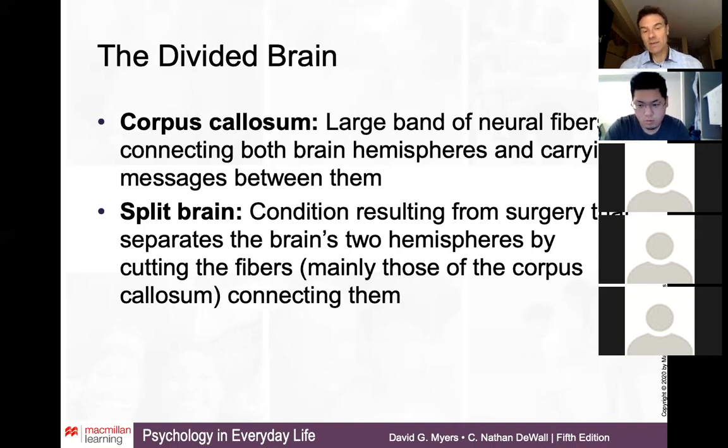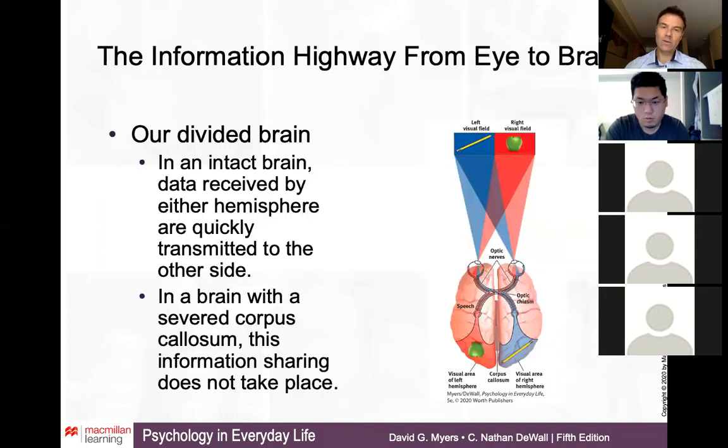So you may see something, but you will not be able to say what it is because the information does not travel from the right hemisphere to the left hemisphere, and the left hemisphere is responsible for speech. And if you read through the experiments on split brain patients, you will find out more about this.